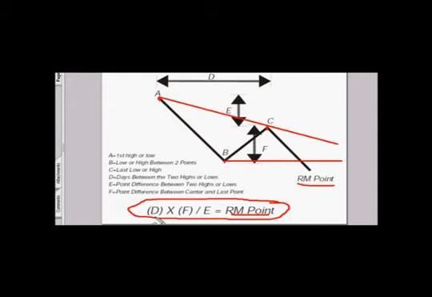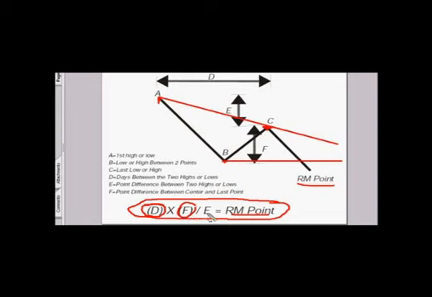So what are the points of the formula? Well, the first item is actually a time factor. The time, the amount of bars between the first point and the last point. That would give us D. The second part of the calculation is a price difference between the opposing point and the last point, and that would give us F. Once we determine those values, we would multiply them.